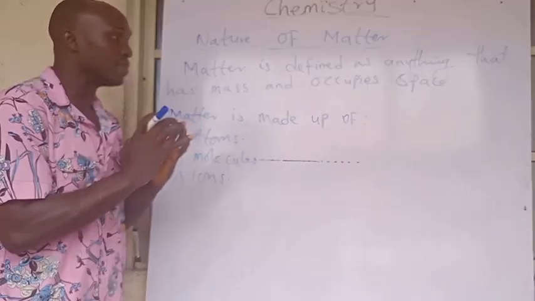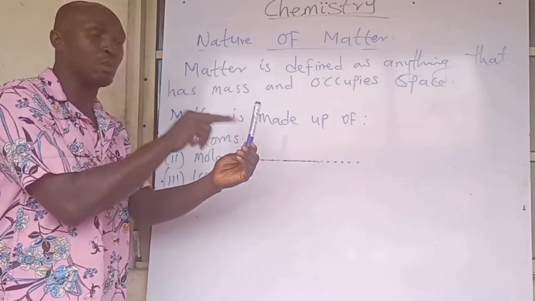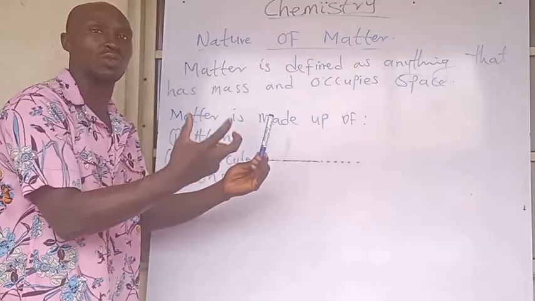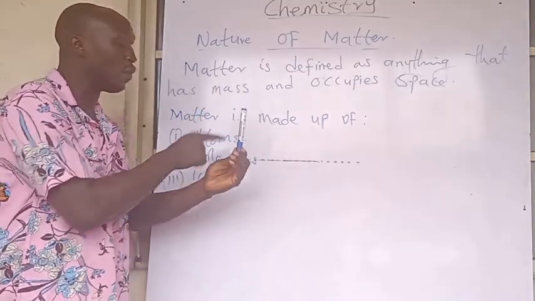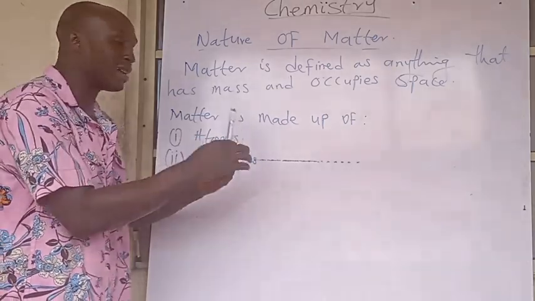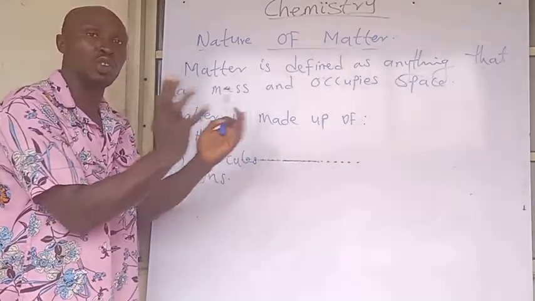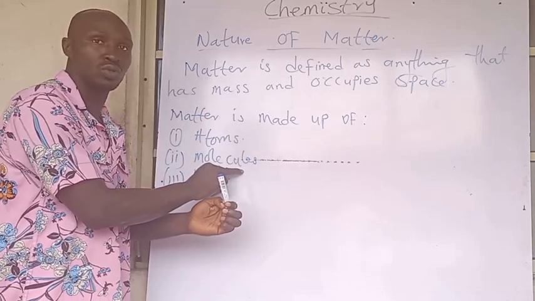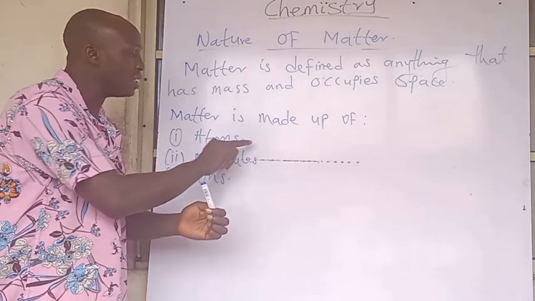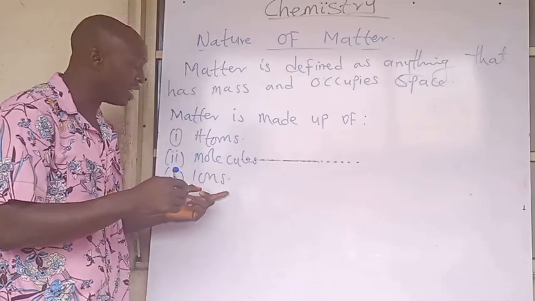That is to say that this matter can be formed either as a combination of atoms coming together, or by the combination of molecules. It can be the same molecules, it can be different molecules. It can be the same atoms, or it can be different atoms.